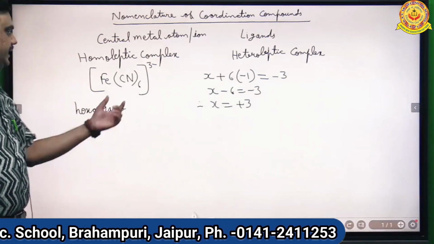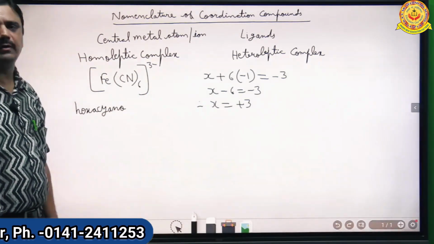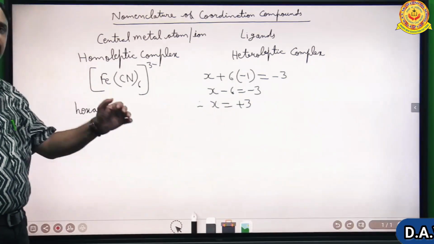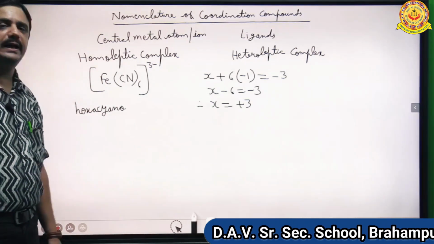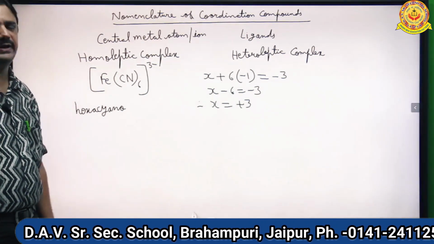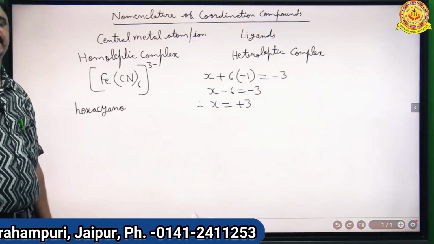And in case of negative complex, the name of the central metal ion ends with ate. We write ate in the end.